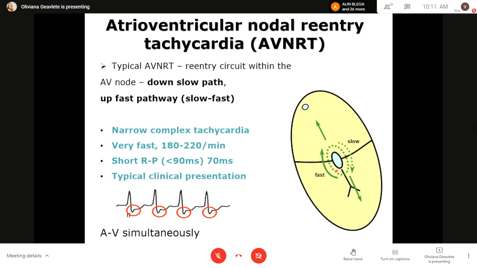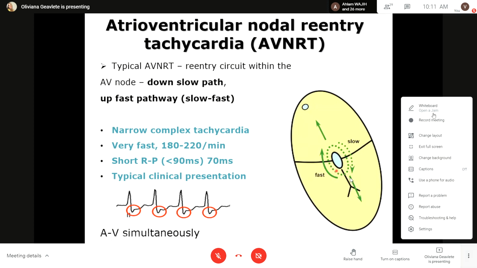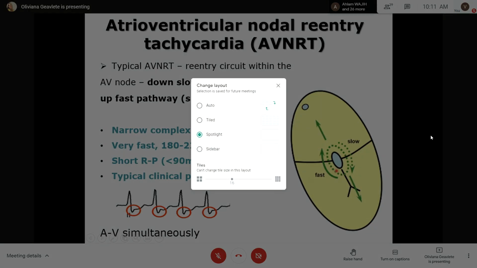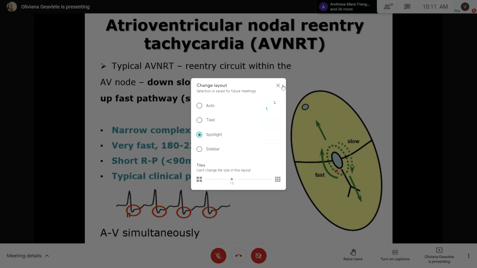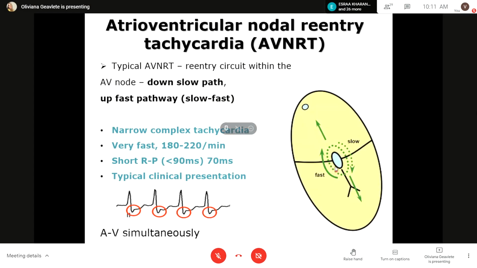So, re-entry circuit: AV node down the slow pathway, up the fast pathway. Slow, fast. A narrow complex tachycardia, a narrow QRS complex because the ventricles are activated through the normal His-Purkinje system. And the atria are activated very fast, after.